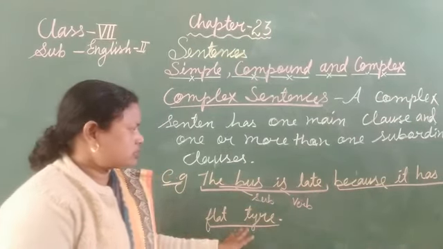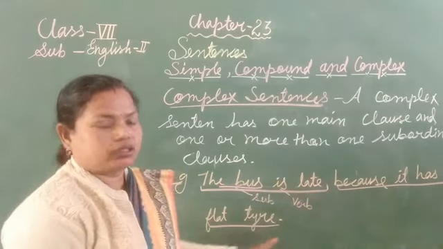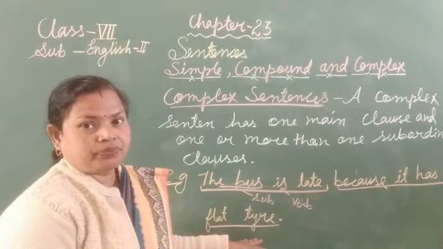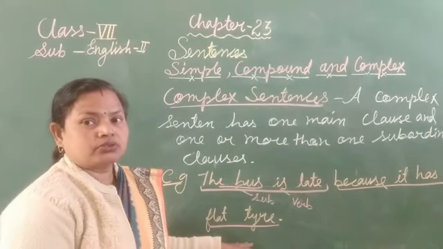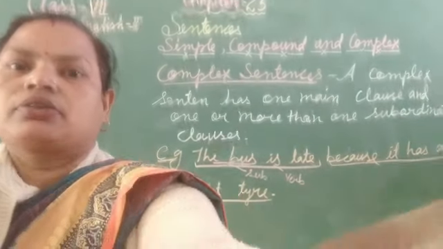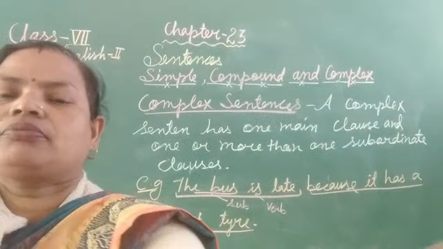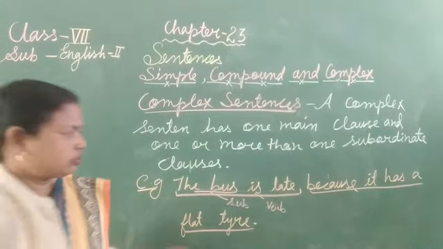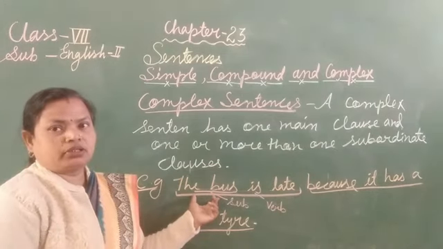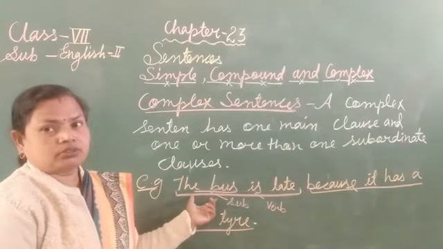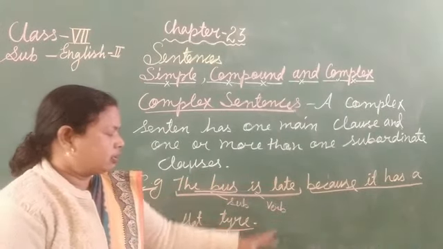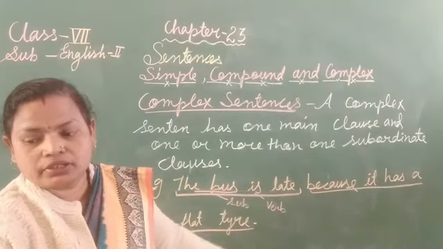But when we see only half of a sentence, because it has a flat tire, it is incomplete, and the sentence which shows incompleteness is called a subordinate clause, and which gives complete meaning is called the main clause, or you can say this is independent and the subordinate is called dependent.